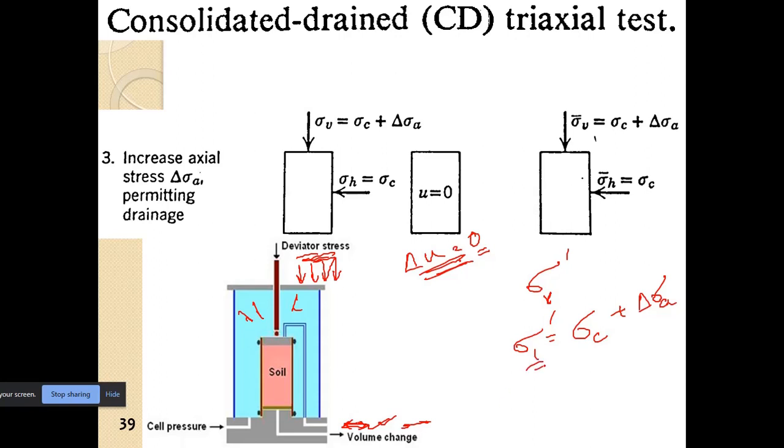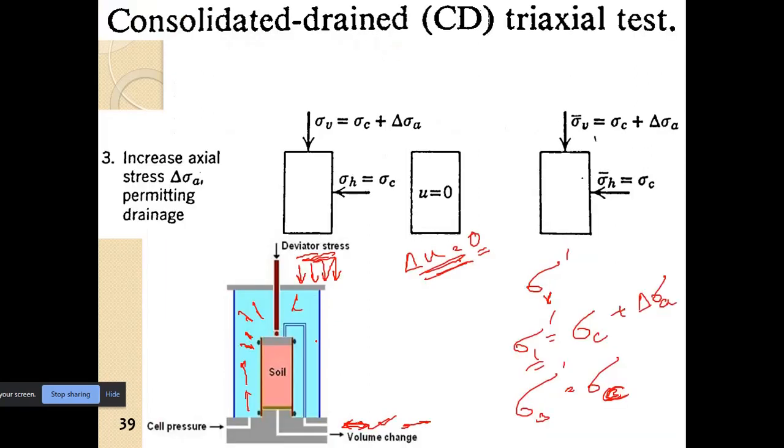So this is delta sigma 1, and of course delta sigma 3 will be equal to the confining cell pressure which we are applying through the cell. So these are the 3 different triaxial tests.